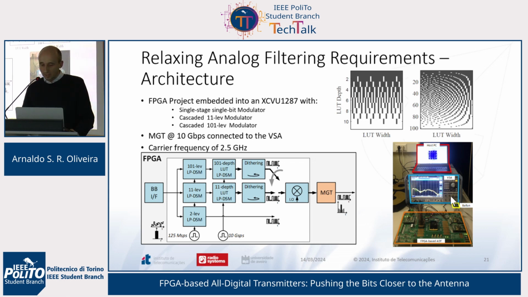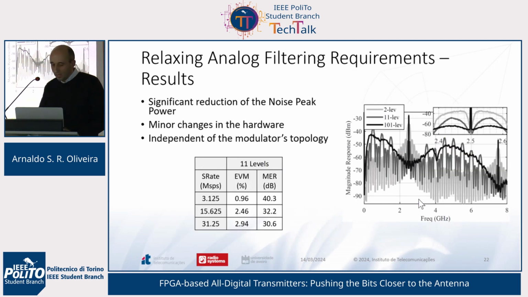Here is our laboratory setup, and here are the results. Here we can see that as we move from 2-level to 11-level to 101-level, the noise becomes each time lower and further away from the desired signal.